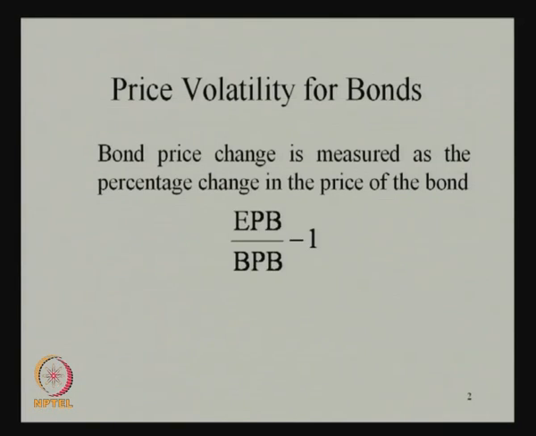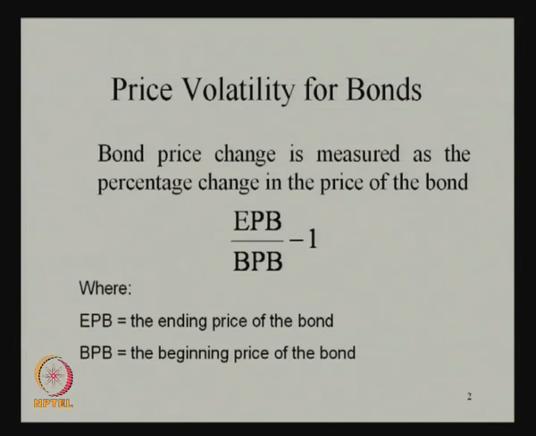It is measured as EPB by BPB minus 1, where EPB represents the ending price of the bond and BPB is the beginning price of the bond. So it is the ending price divided by the beginning price minus 1, which gives you the percentage change in the price of the bond for a particular period of time. That is the way the bond price change can be measured.